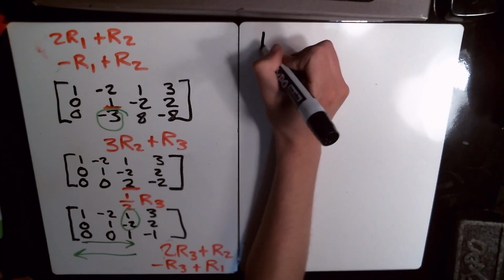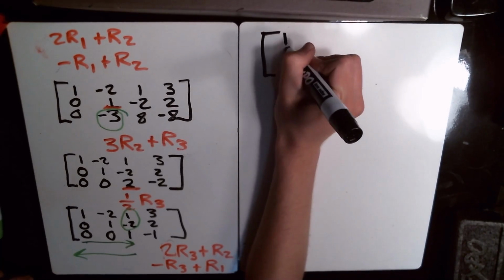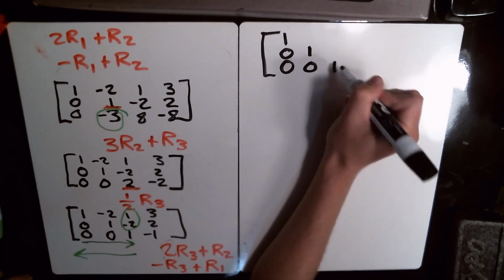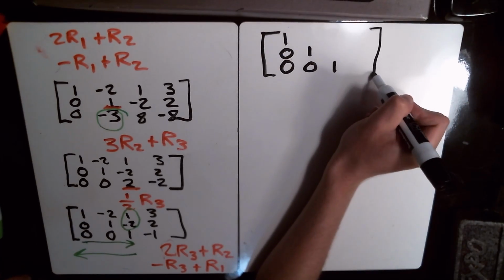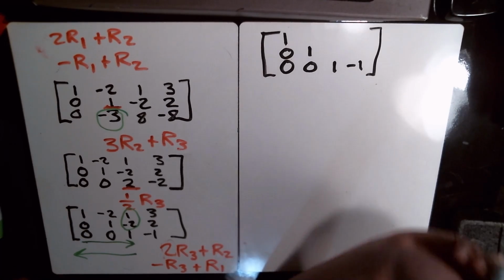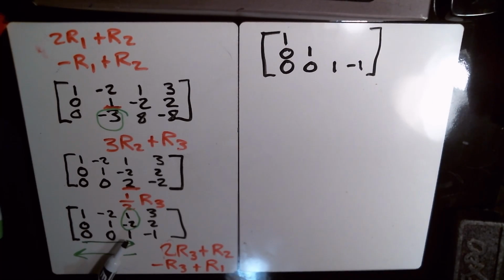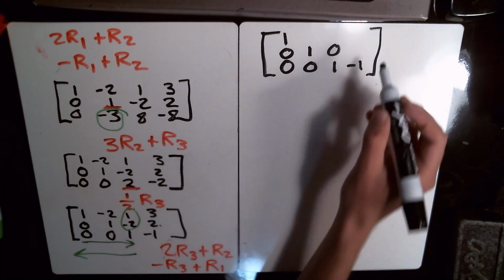So I get, okay, 1 times 2 plus -2 is 0 there. And then -1 times 2 is -2 plus 2 is 0.